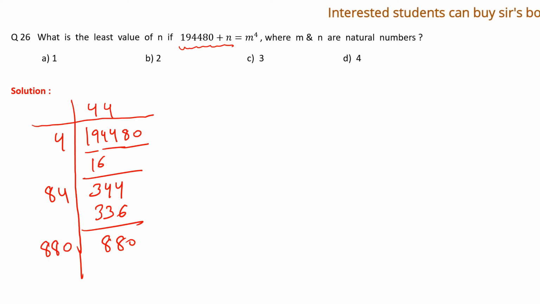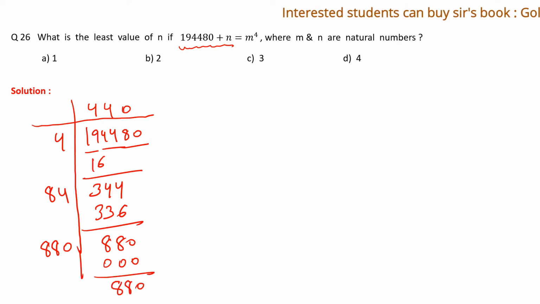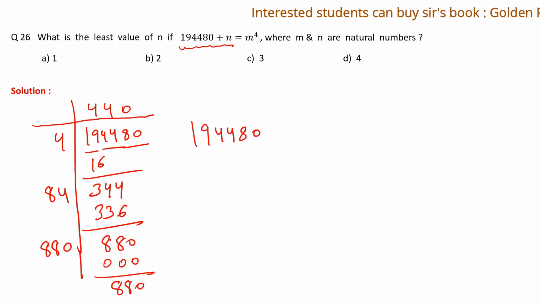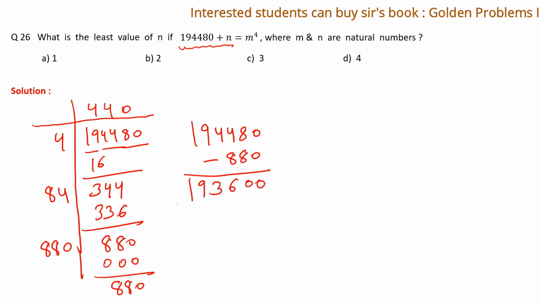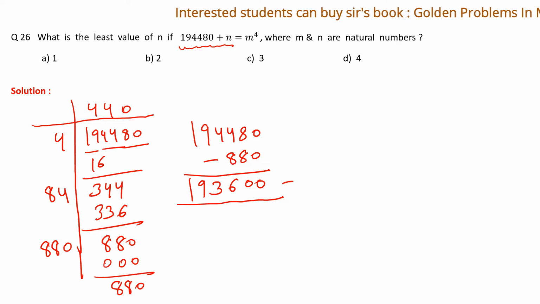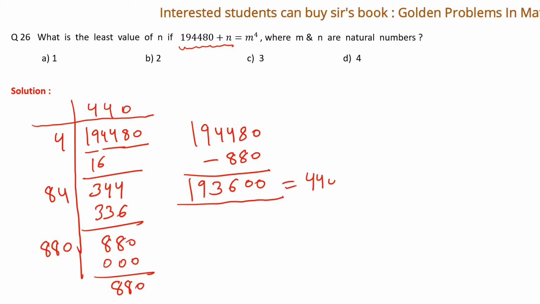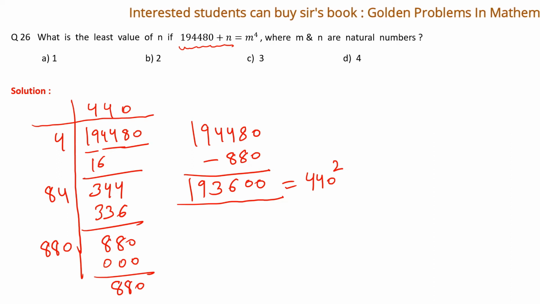It will go only by 0. So that means now we are left with 880 as a remainder. So now it means that if I subtract 880 from this number 194480, then the quantity obtained, 193600, will be a perfect square, and it will be the square of 440 only, right?